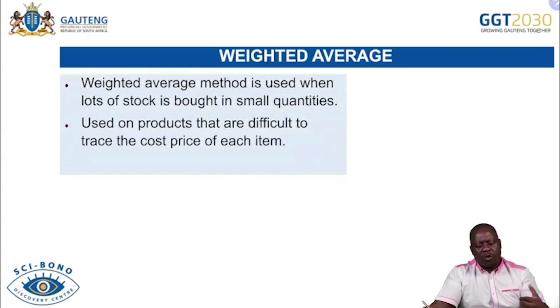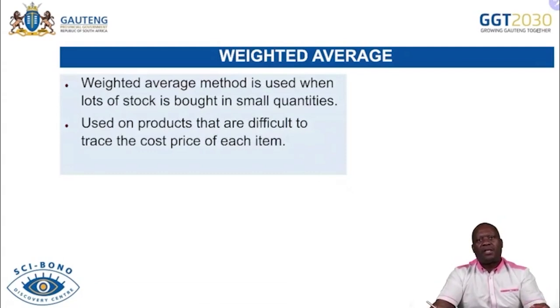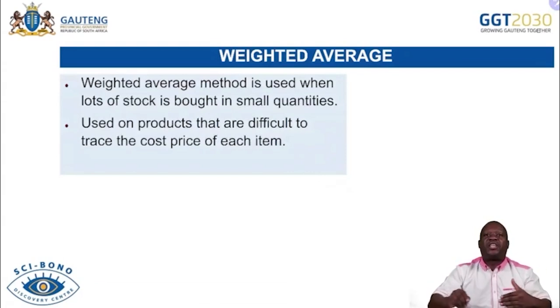Now, it is used on products where it is difficult to trace the cost price of each item. Think of a garage where they are selling fuel. Today, there was a change in fuel prices. What are we going to say?